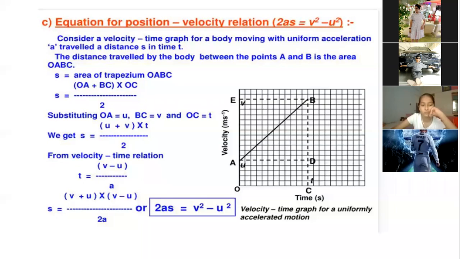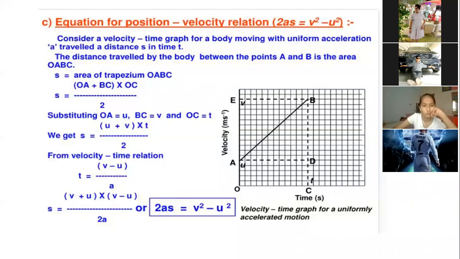Now again you're finding an area, but not the area under the curve. s is equal to the area of the trapezium, which is OA plus BC, the sum of both parallel sides, into base, divided by 2.